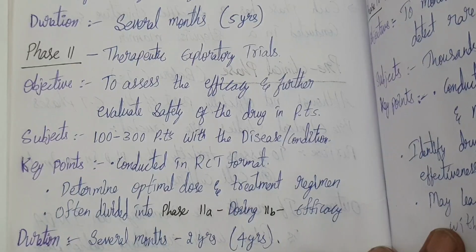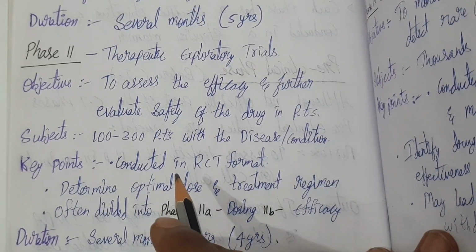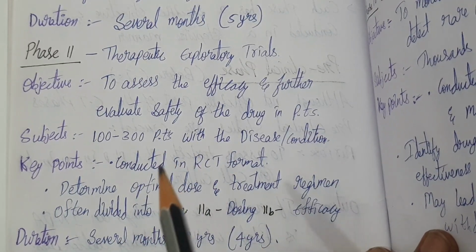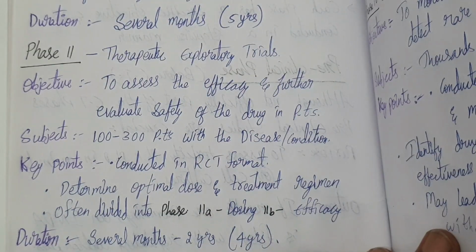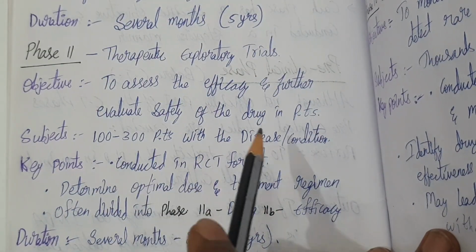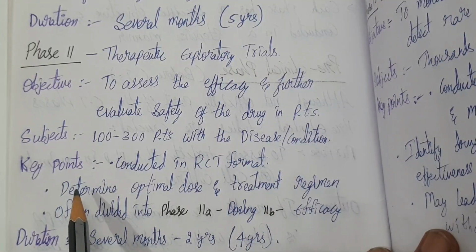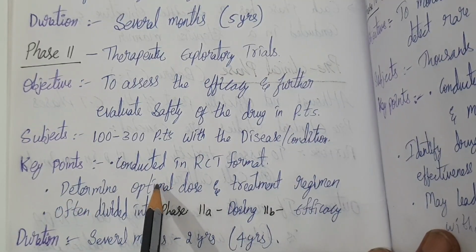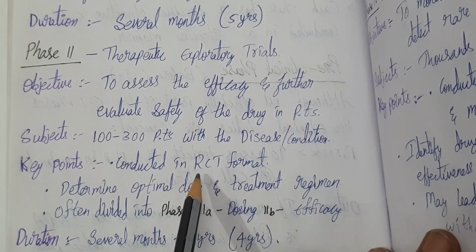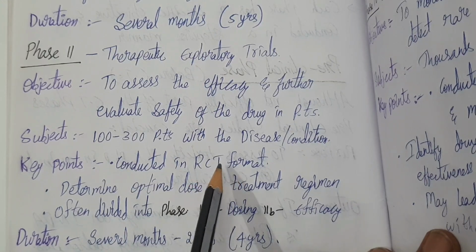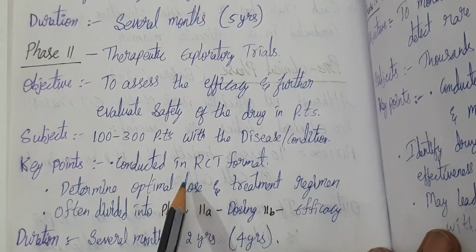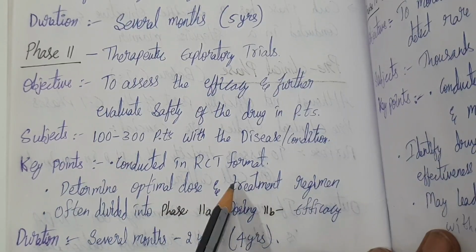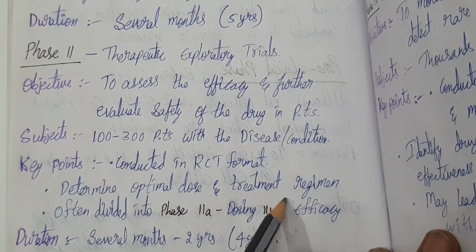Here our sample size is 100 to 300 patients, not healthy volunteers as in phase 1, but patients with the disease condition. Key points: it is conducted in RCT format, randomized controlled trial, to determine the optimal dose and to provide a treatment regimen.